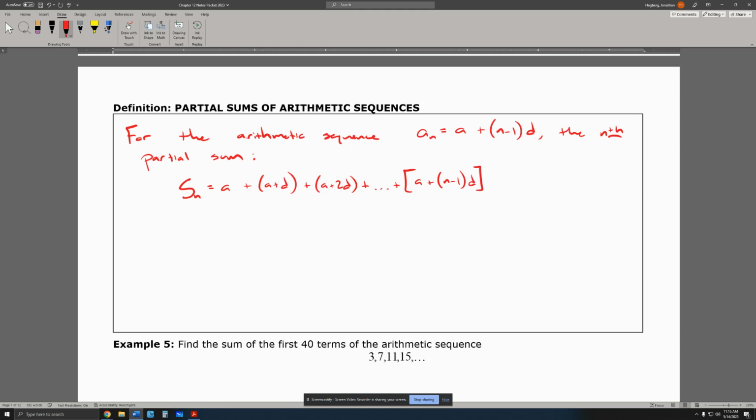Remember, that's our definition for an arithmetic sequence. So this is the nth term. So the sum of all of these terms all the way up to the nth term is our Sn, the partial sum for arithmetic sequences.